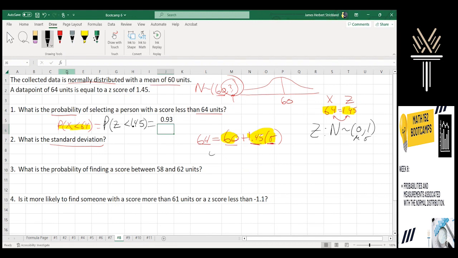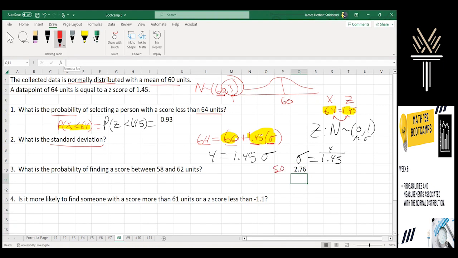So we know that 4 must equal 1.45 times the standard deviation, which if you remember your old algebra from high school days, means your deviation is nothing more than 4 divided by 1.45. So if we convert that, we can say 4 divided by 1.45, and there is our standard deviation.